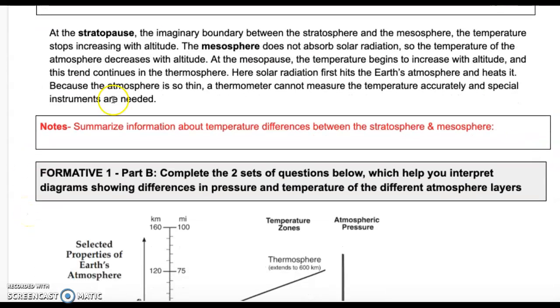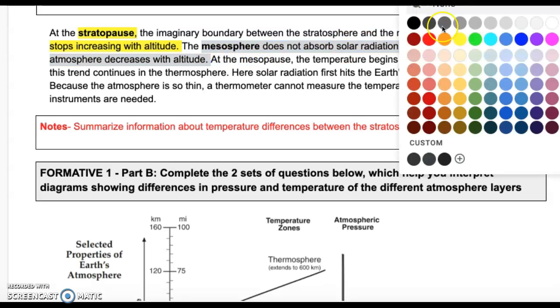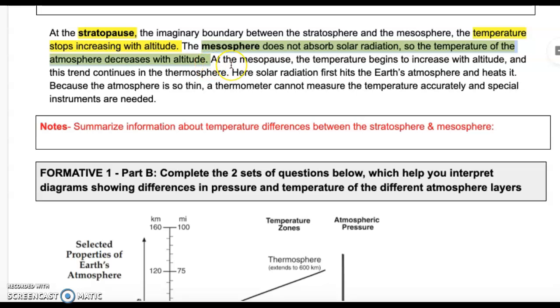Okay. At the stratopause, the imaginary boundary between the stratosphere and the mesosphere, temperature stops increasing with altitude. So I'm going to go ahead and highlight stratopause, and temperature stops increasing with altitude. Then the mesosphere does not absorb radiation, so the temperature decreases with altitude, kind of like how it did in the troposphere.